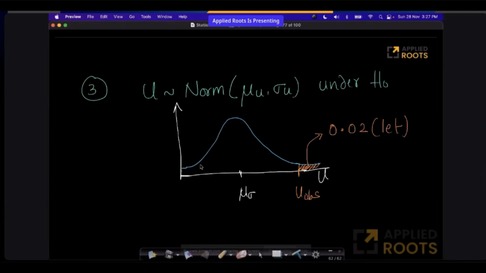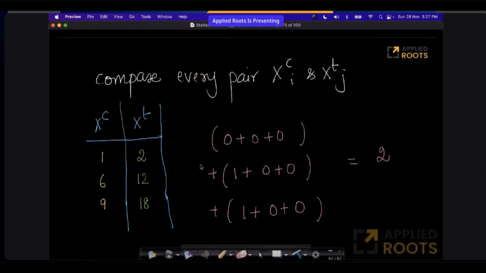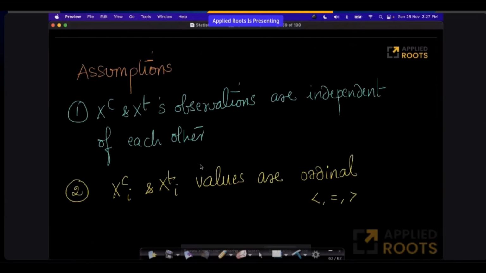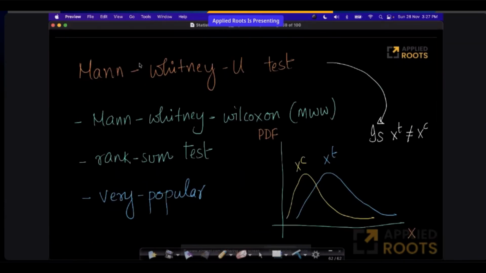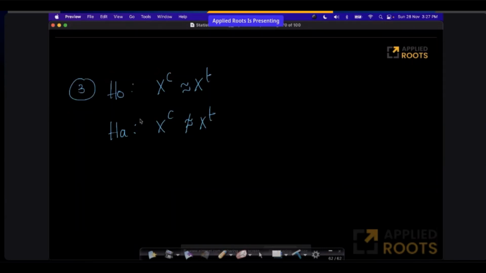Again, a lot of statistical tests follow the same rule book. Let me recap the rule book quickly for you. The test basically says what it's going to compute. It clearly says what are the assumptions under which it will work. You have to be very careful about this, because if these assumptions don't hold, your whole test goes for a toss. That's one of the reasons why some hypothesis testing can go wrong. What is the null hypothesis?